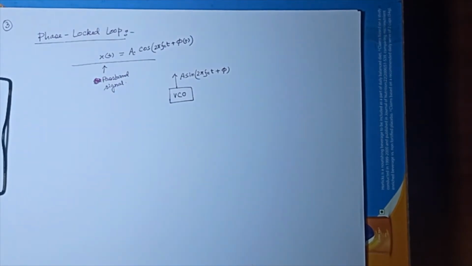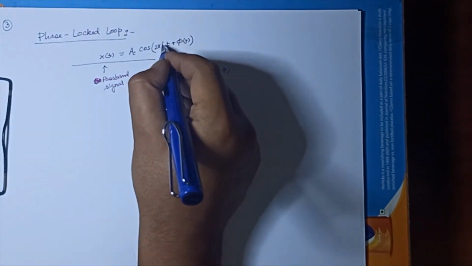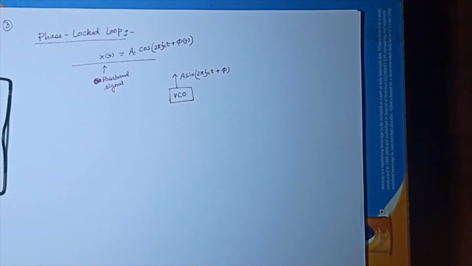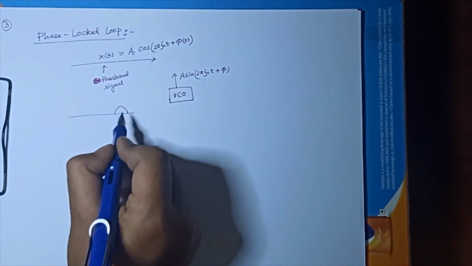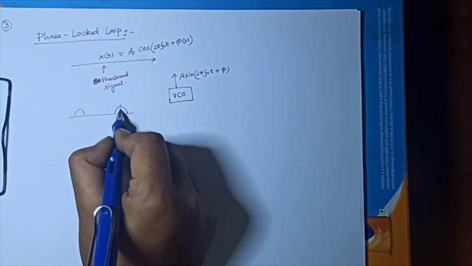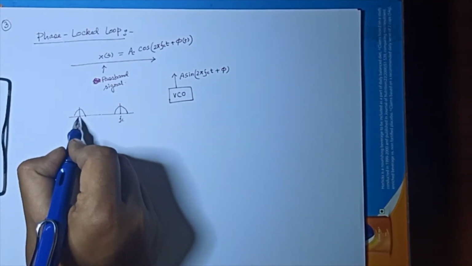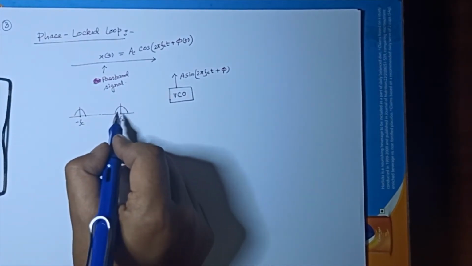That frequency can change around the center frequency. So this band is around fc, and this one is around minus fc, and there can be a continuous spectrum around that.